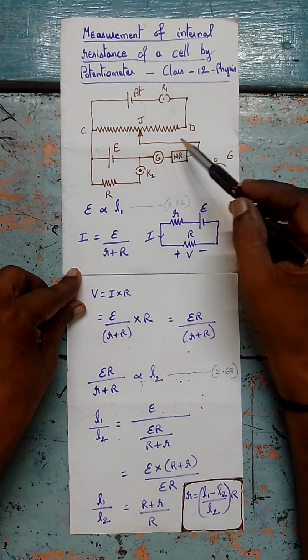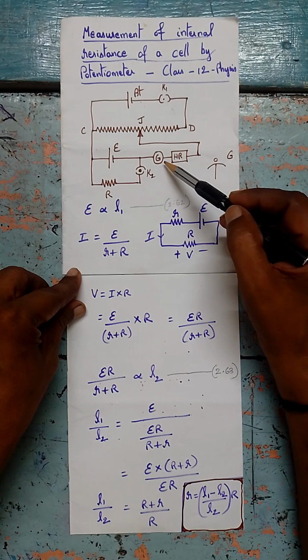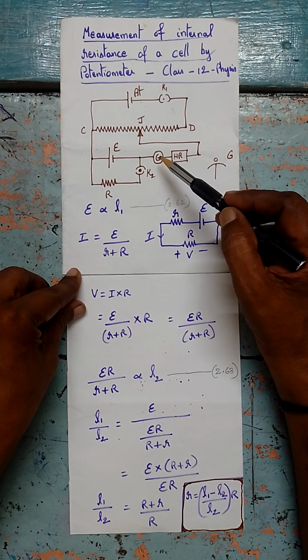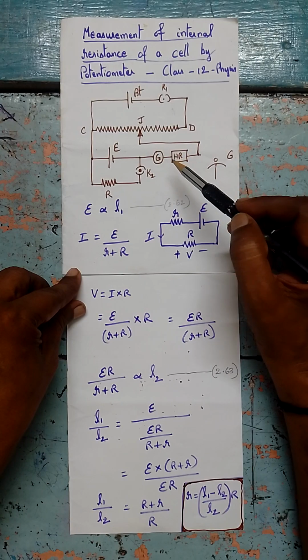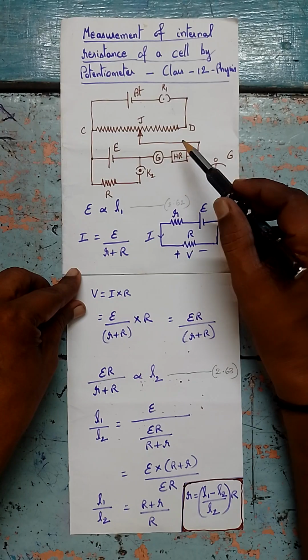Okay. Now from the jockey we have a high resistance in series with a galvanometer. You all know that a galvanometer is basically an ammeter which gives a full scale deflection in the order of microamps. So to protect the galvanometer from overloading, you are using a high resistance.